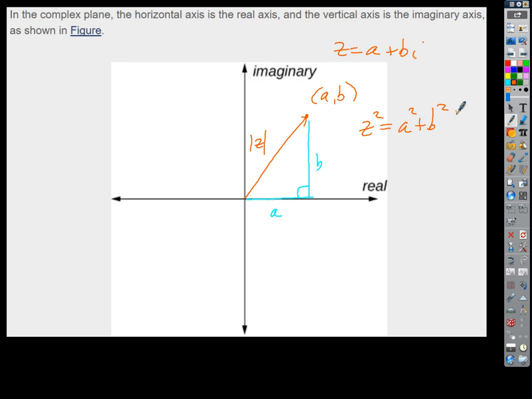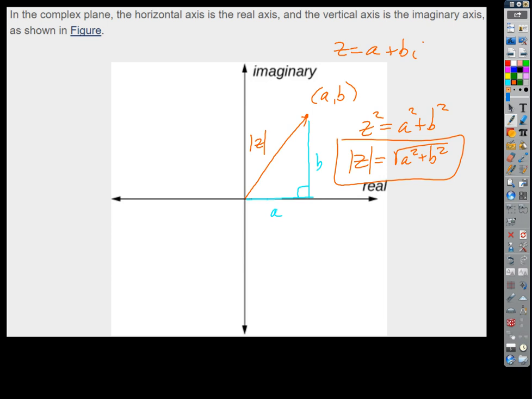If we square root both sides and keep the positive answer, we end up with z equals the square root of a squared plus b squared. There's our formula right there. That's how we calculate modulus, and to remind us what it is, we'll put absolute value bars around it. So that's our formula for calculating the size of any complex number, the modulus of the complex number.